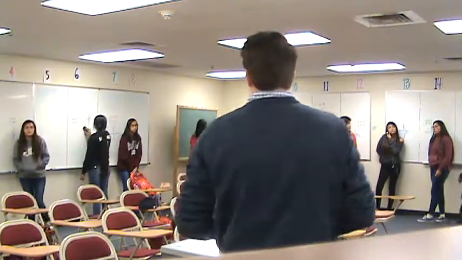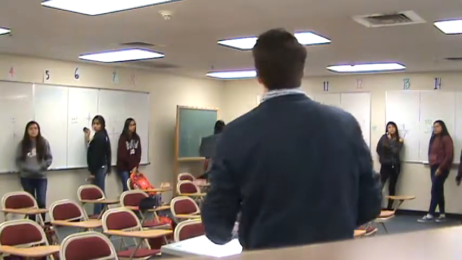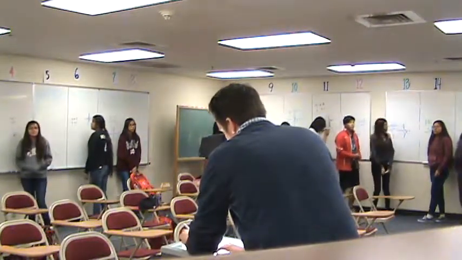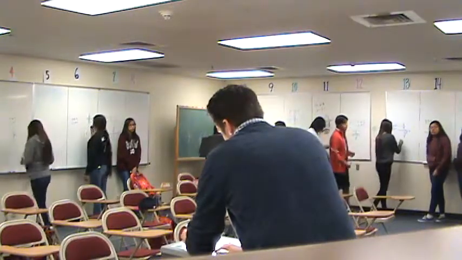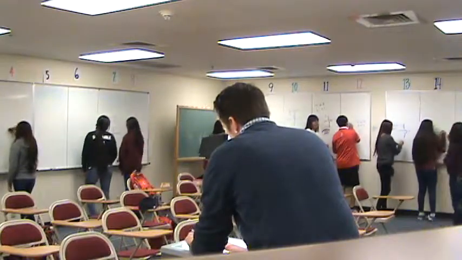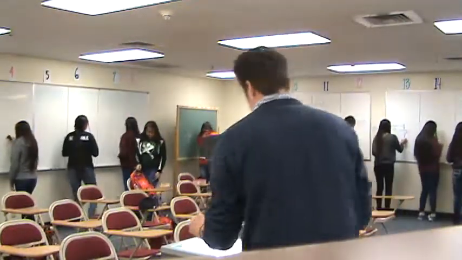Okay, so follow the equation that I'm writing on the overhead here. Can I erase this for you? Yes, please erase what you got now, and we're going to work on this next equation.